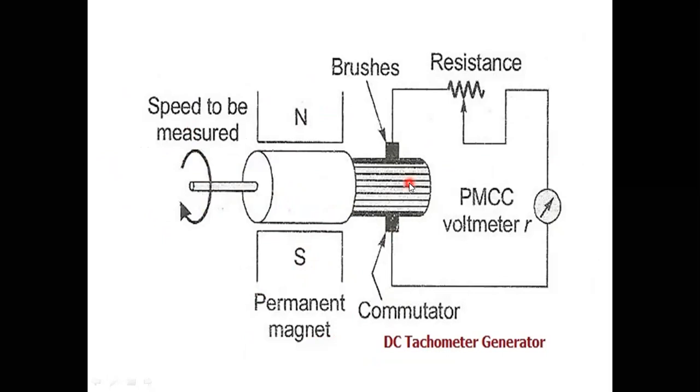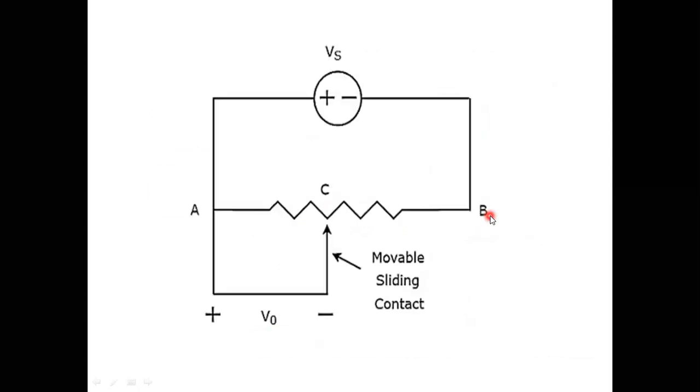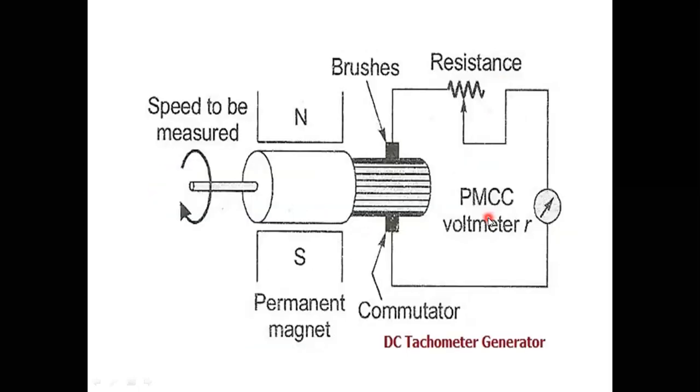I'm using brush links and a commutator to collect the output, and it is measured through a PMMC meter. The mechanism is the same for the AC tachometer and also for the DC tachometer.